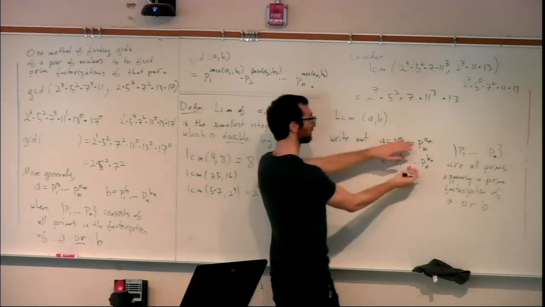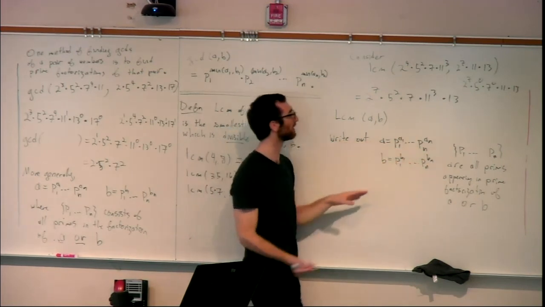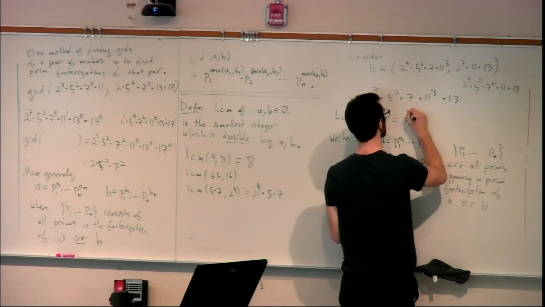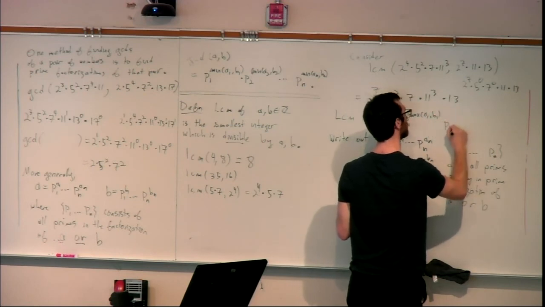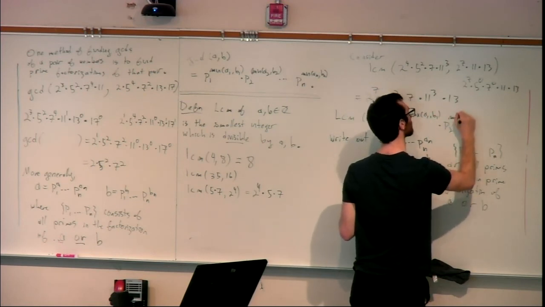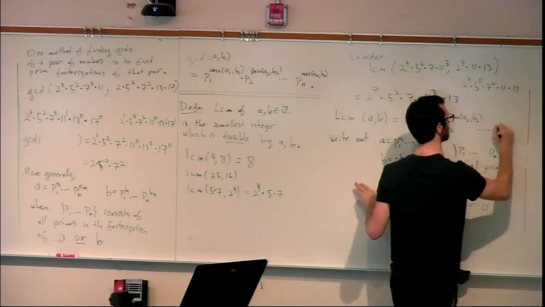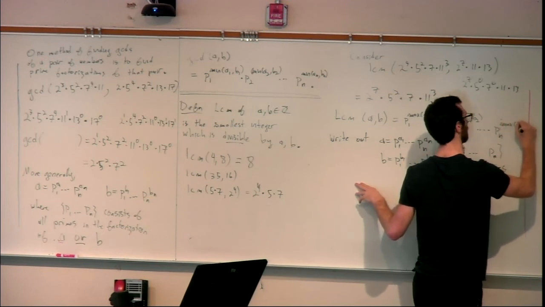But once we have written out our A and B in terms of all the possible primes that we need to take care of, the LCM is equal to P1 to the max of A1 and B1, P2 to the max of A2 and B2, all the way up to Pn to the max of An and Bn.